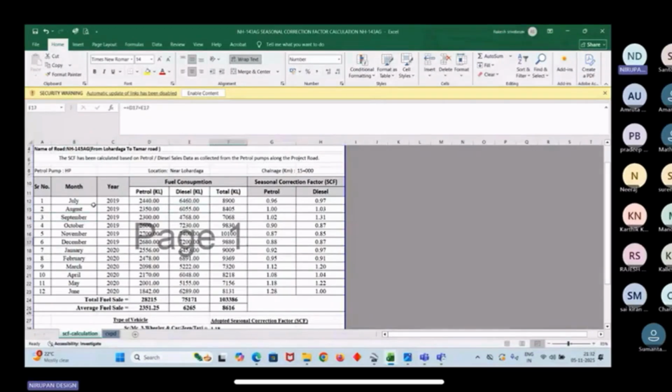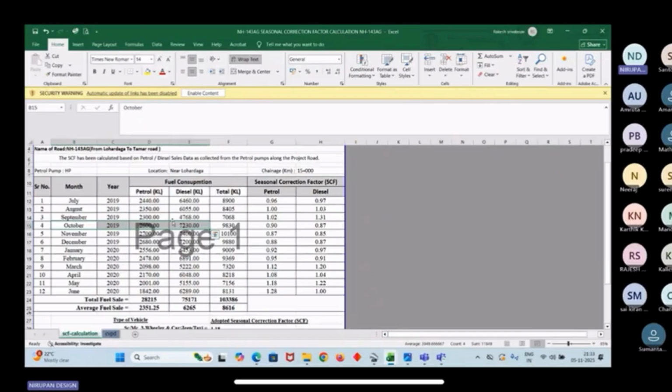So you can identify in which month fuel consumption is more. In a particular month, you can see in October it is higher than normal. Got it? So that's why we are finding the factors.